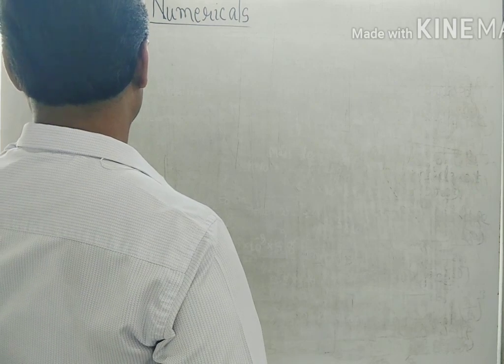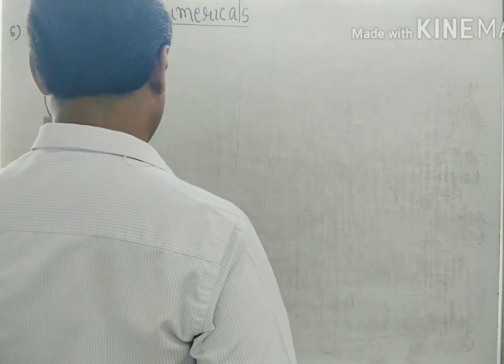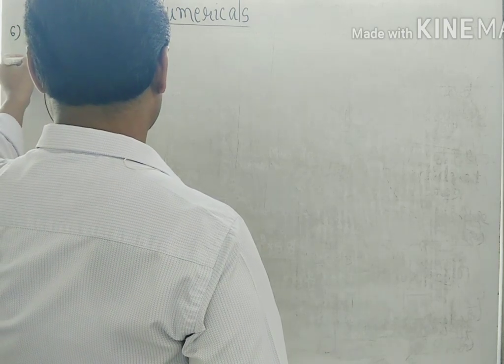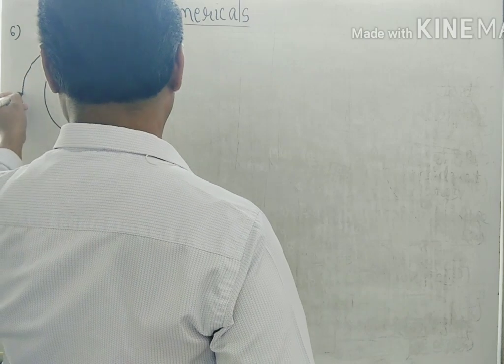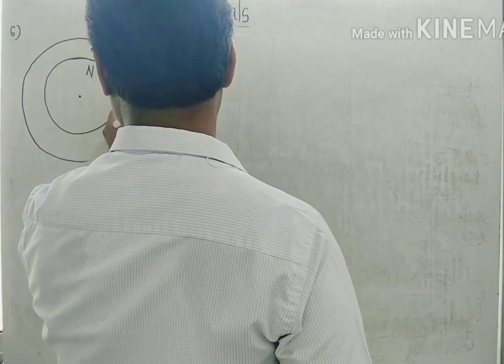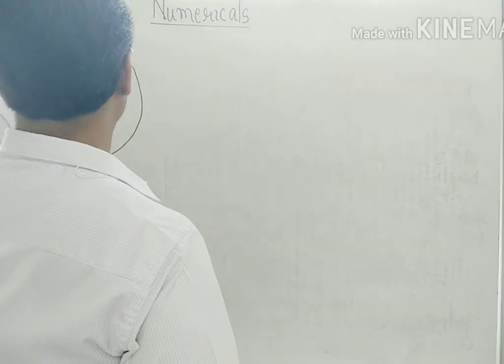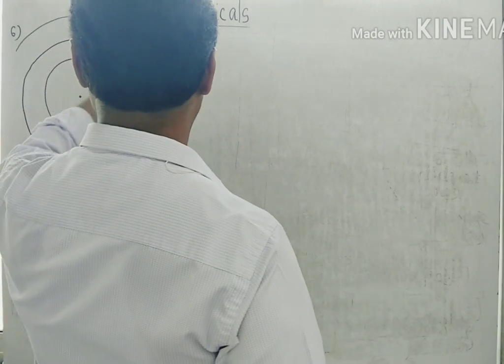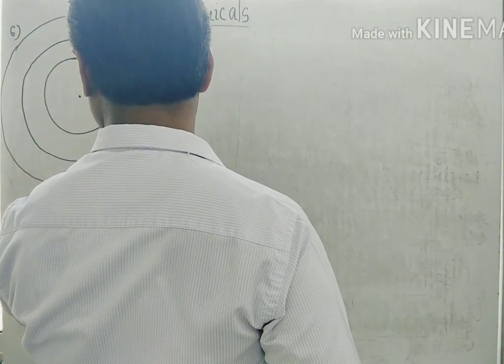So here I must write N, the nucleus of the beryllium atom, and this is actually the 1s orbit forming the cloud, and this is the 2s orbit forming another cloud.